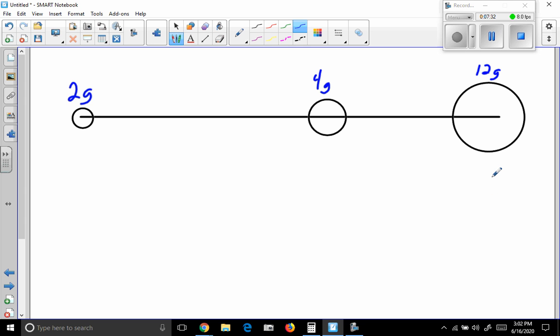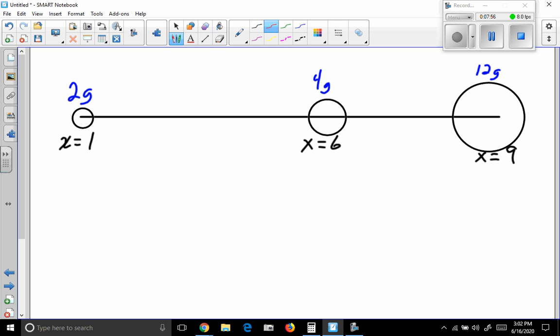So let's make a prediction of where we anticipate our fulcrum to be. We need some x values, so let's call this x value x equals 1 here. Let's say this is at 6, and this x value is at 9.